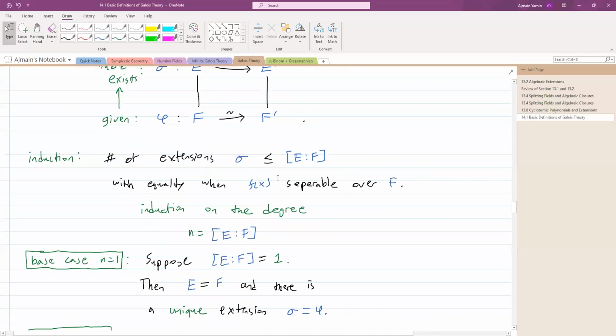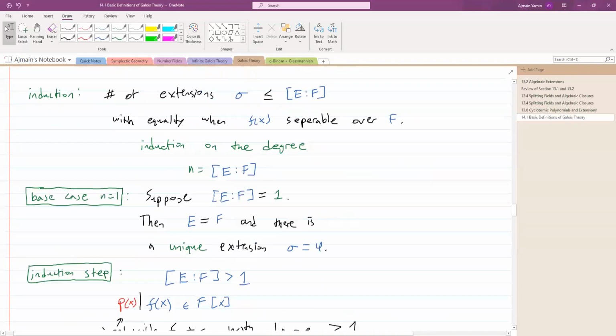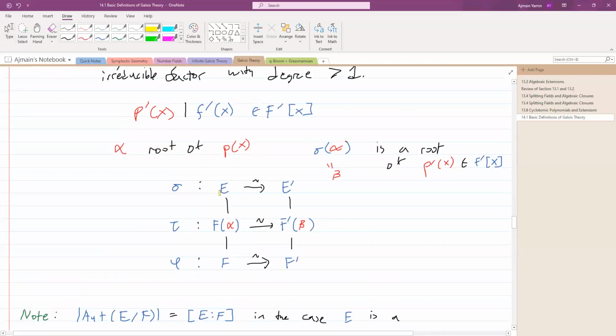The existence of this is given by theorem 13.27. And then you're restricting sigma to the subfield generated by alpha. And since sigma is an isomorphism, it sends this to an isomorphic subfield of E prime, and it sends alpha to a root of p prime of x. So you're adjoining a root of p prime of x.